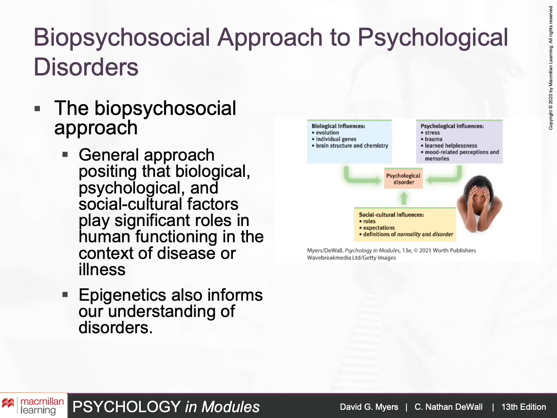Also, we might have specific expectations for behavior that are going to determine whether a particular behavior is deviant or not. And again, whatever our society defines as normal or abnormal is going to influence what eventually is given the label of disorder, right?